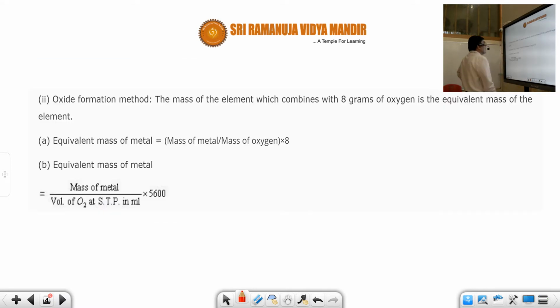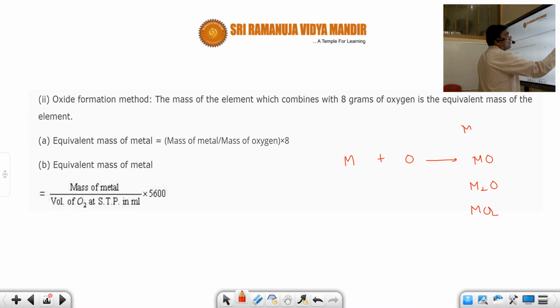Now let us see the oxide formation method. A metal may combine with oxygen and form MO, M2O, MO2, or M2O3, depending on the nature of the metal and oxide.